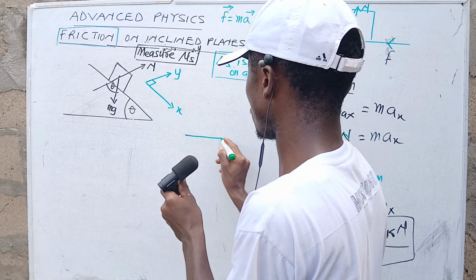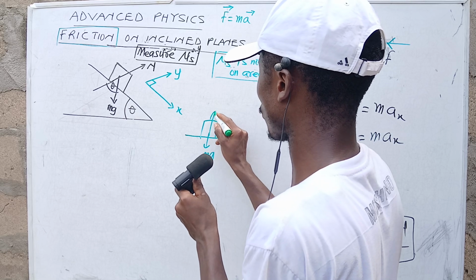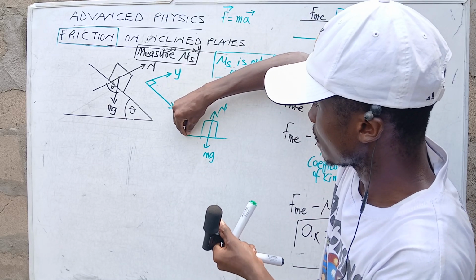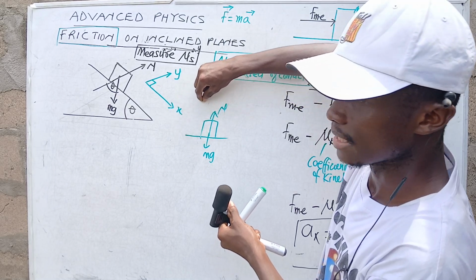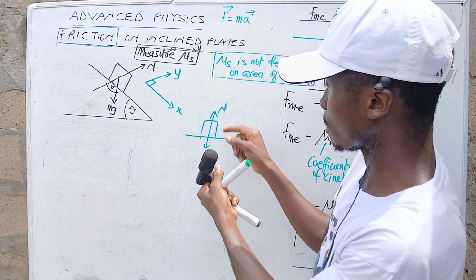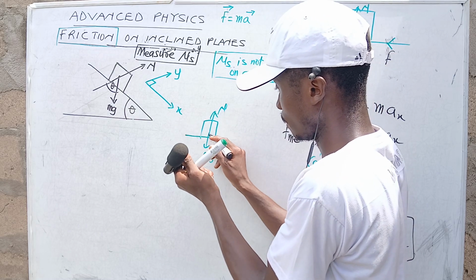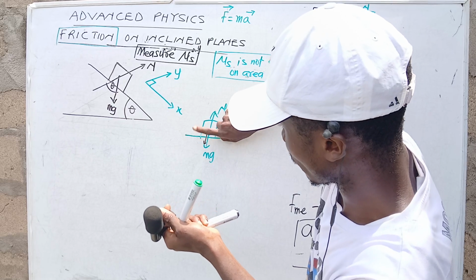So when the whole thing is lying flat on the ground, this is mg, this is normal reaction. But if you hold here and start inclining it, now what happens is that this direction will also start inclining itself.